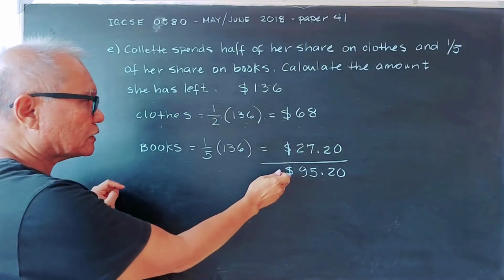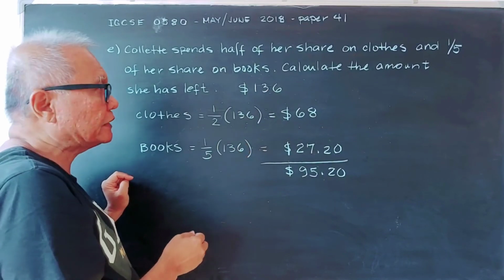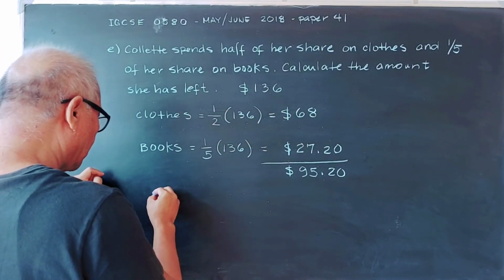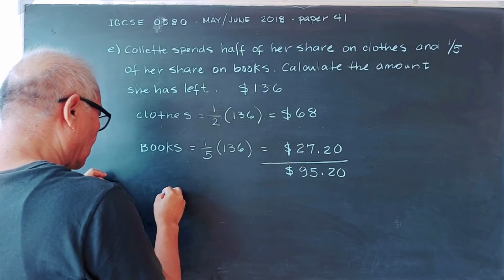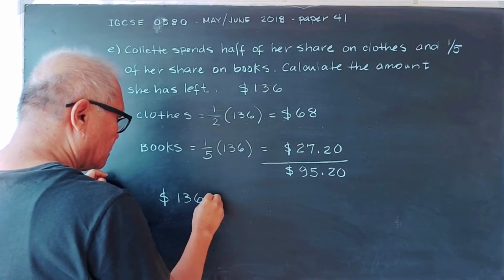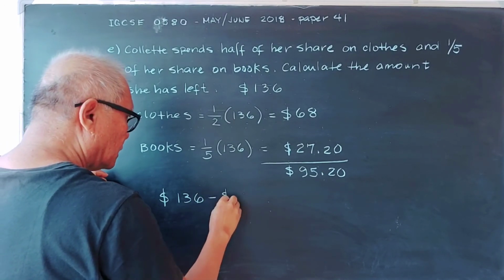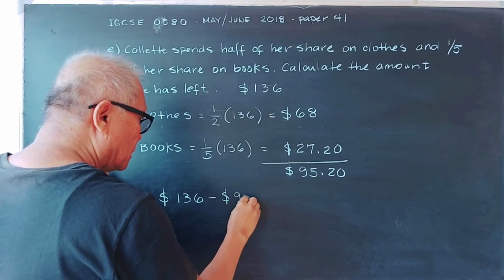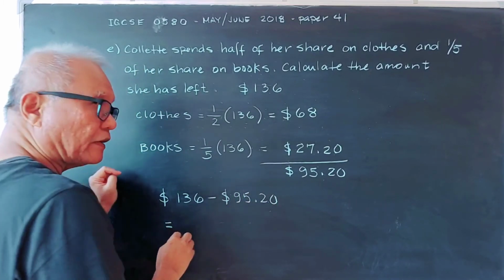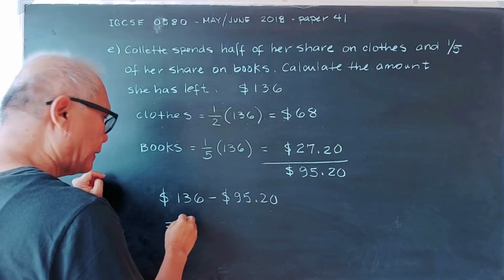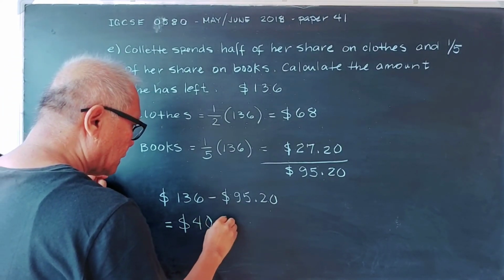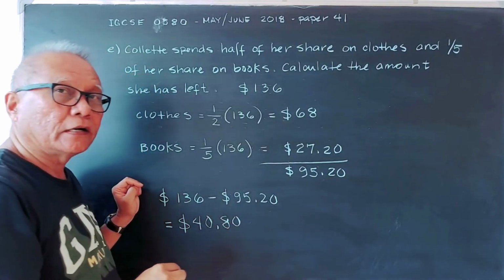So we are going to subtract this one from her money or her share, which is $136. So we have 136 minus 95.20. So what is left of our money is only $40.80.